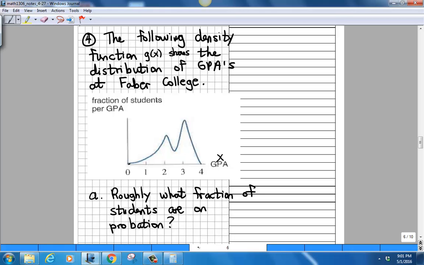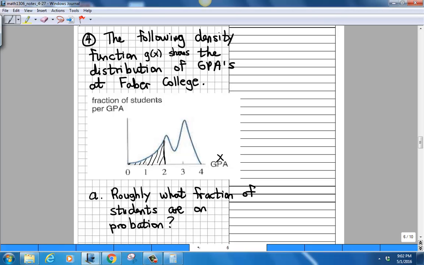So we want to answer roughly what fraction of students are on probation at Faber College, what fraction of students would have a GPA of at most 2. That's usually what puts you on probation at most schools, a GPA below 2. So we're interested in what fraction of the students falls into this portion of the population.